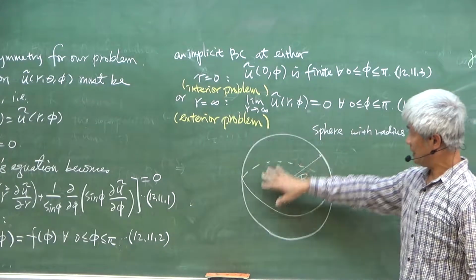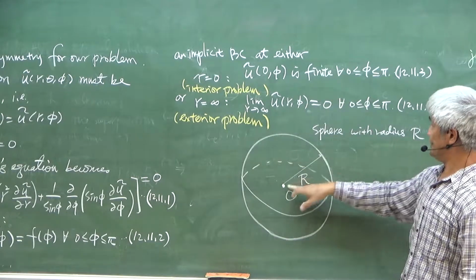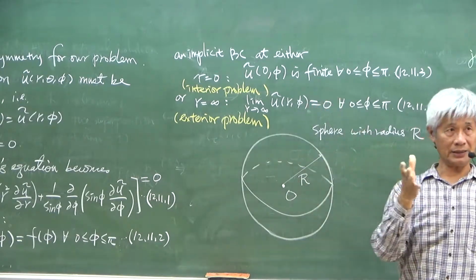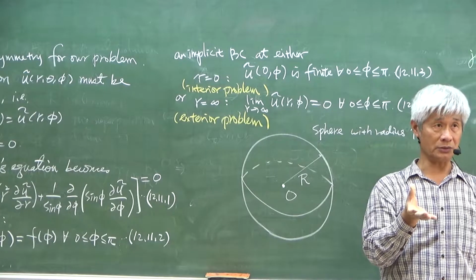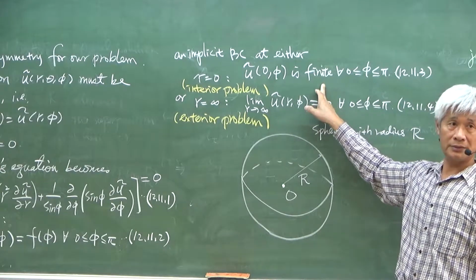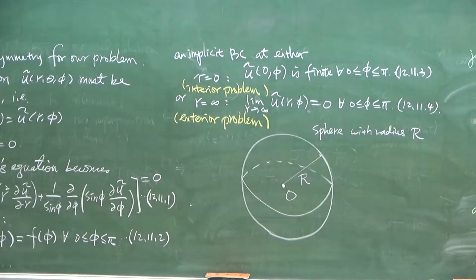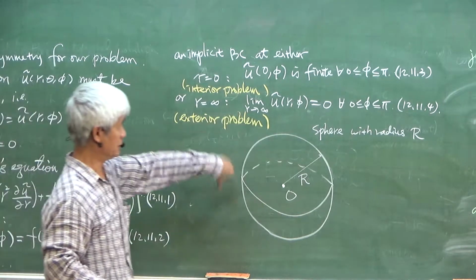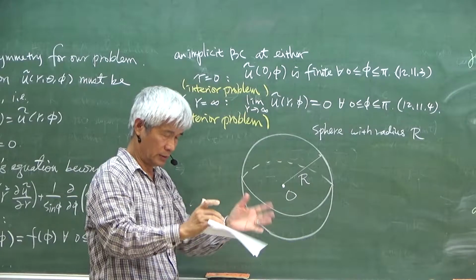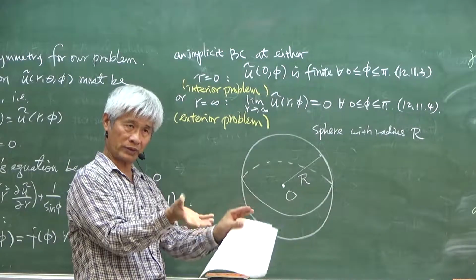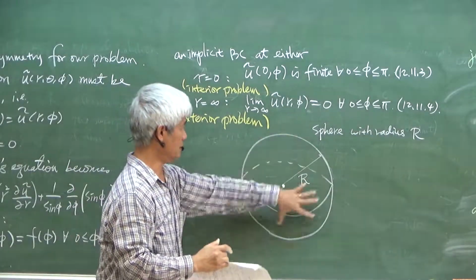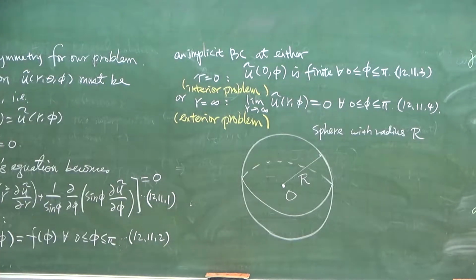For the interior problem, at the center you should have some potential too, and it's finite. The boundary is the sphere, the surface of the ball. So we have an explicit boundary condition here, which we say is f(phi).